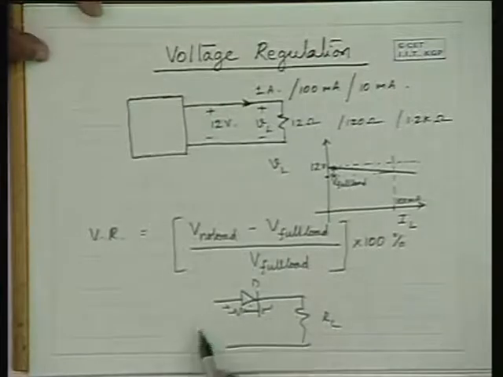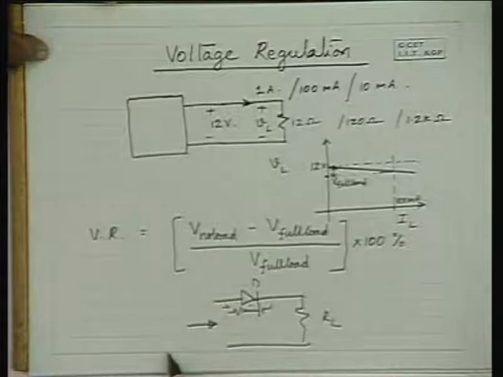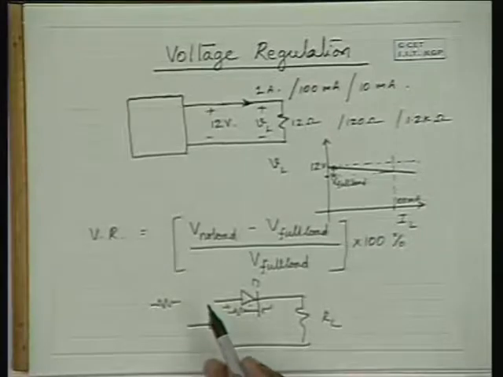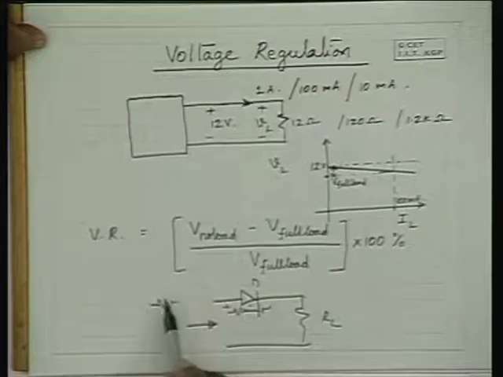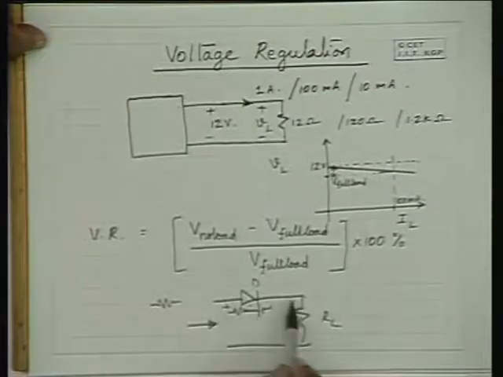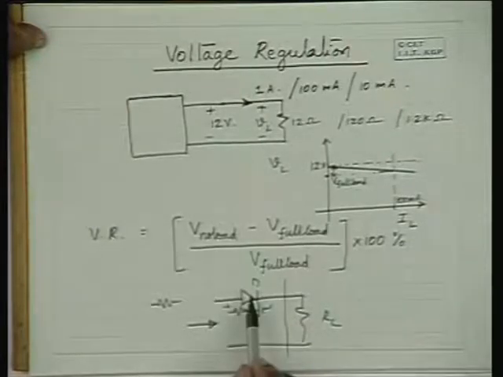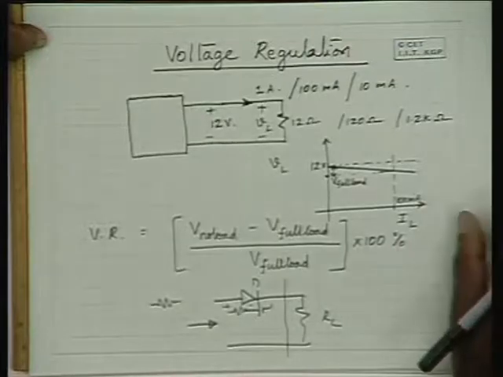Not only that, this is also being supplied by another source. This source also has some series equivalent resistance. As a result, with increased load current, the drop across its own source resistance and the rectifier's own resistance comes into picture, and the output voltage drops.